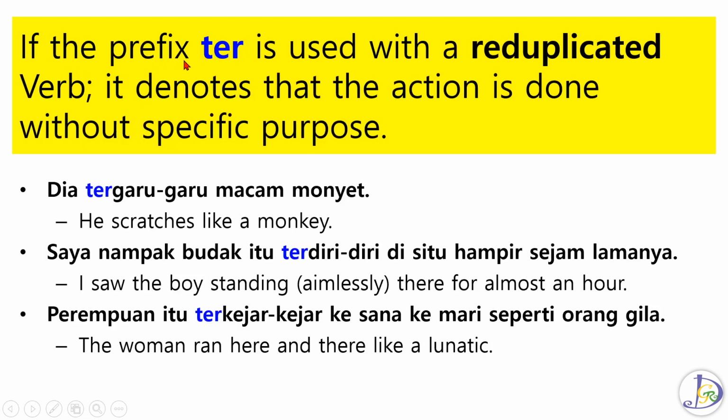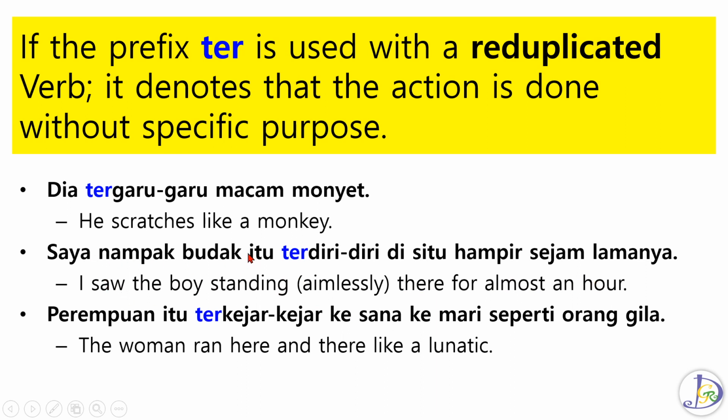If the prefix ter is used with a reduplicated verb, it denotes that the action is done without specific purpose. For example, dia tergaru-garu macam monyet. He scratched like a monkey. Saya nampak budak itu terdiri-diri di situ hampir sejam lamanya.